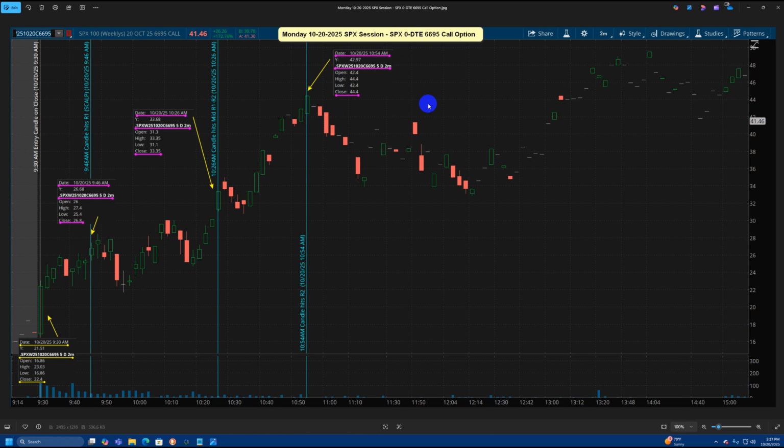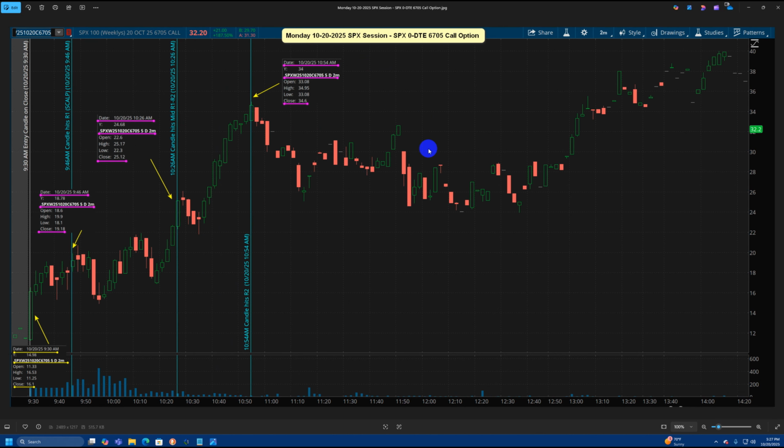Next, we'll take a look at the 67.05. Here we have the 67.05 call option chart. Here's the 9:30 candle close here, $16.10. Here is where it hits R1 at 9:46 for a scalp only, $19.18. Here is the 10:26 a.m. candle where it hits mid R1, R2.